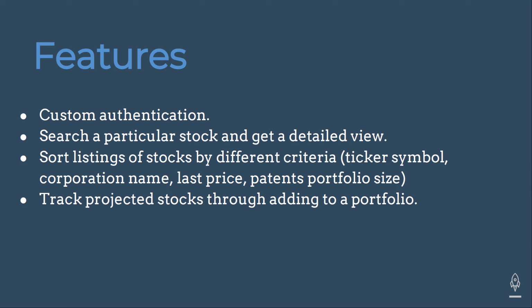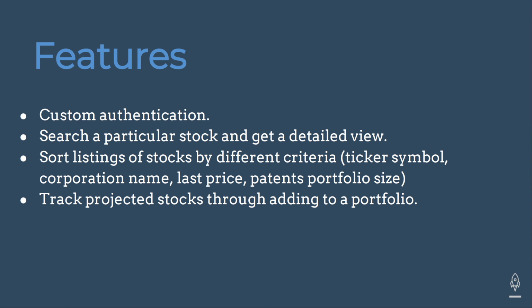The features provided are custom authentication, search of a particular stock to obtain a detailed view, and sorting of listings by different criteria like the ticker, the corporation name, the last price, and the patent portfolio size.